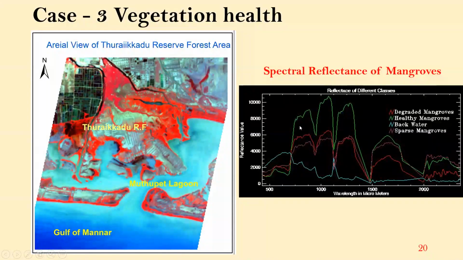As you could see, the difference between the healthy and degraded vegetation reflection was clearly visible because of the cell structure. Between the healthy and degraded mangrove, the reflectance property was significantly changed. With this property of reflectance, we were able to map out the degraded mangroves in the reserve forest area.